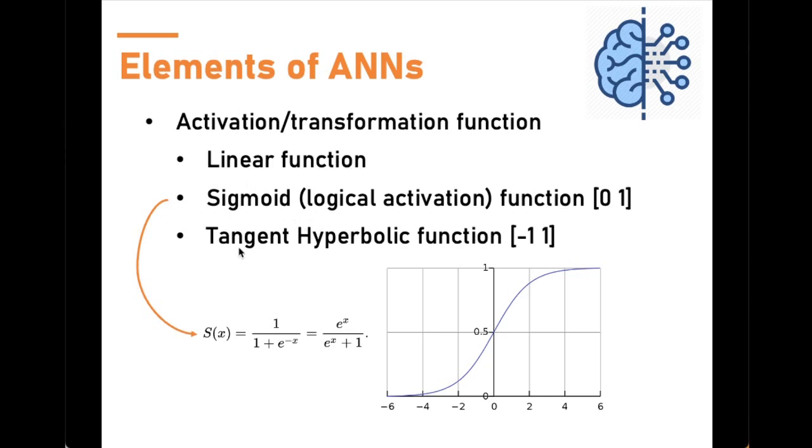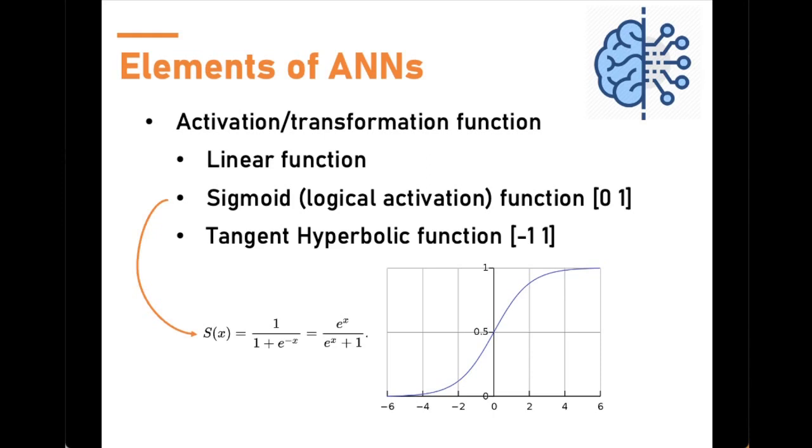Other functions commonly used as transformation functions in neural networks are the linear function and the hyperbolic tangent function. One thing that I thought might not be clear is that we sometimes refer to the transformation function as an activation function, because sometimes a threshold value is used instead of a transformation function.